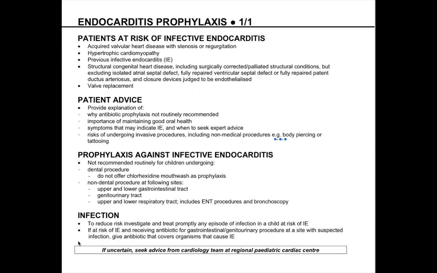You are operating at a site where there is infection. At that time, you have to give antibiotics to cover IE. But normally, if the child is stable, for simple procedures like dental and also for bronchoscopy or endoscopy or cystoscopy, no need to give. This is what I understand from this.